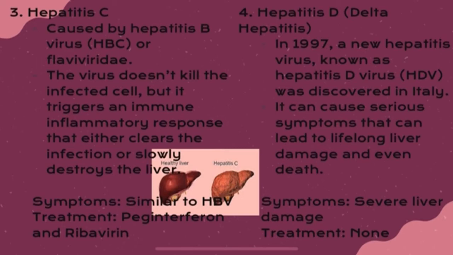Hepatitis D is a liver infection you can get if you have hepatitis B. It can occur as either acute or chronic hepatitis. It is caused by the hepatitis D virus, or Deltaviridae. Symptoms: severe liver damage. Treatment: none.